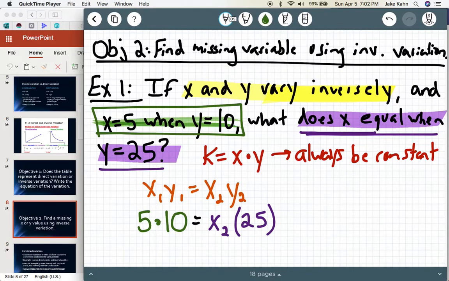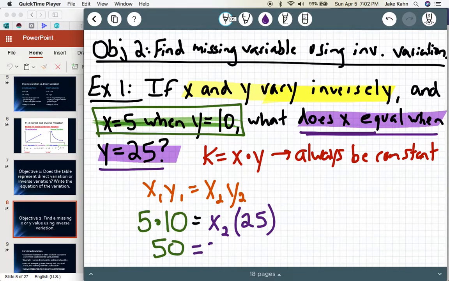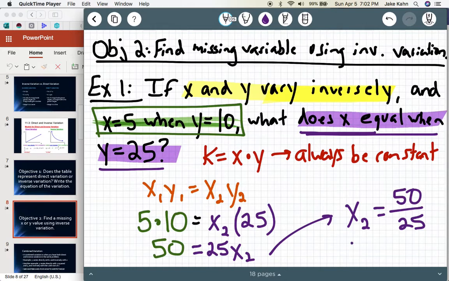5 times 10 is 50, equals 25 x2. And we're trying to solve for x2, so what do we do on both sides? We divide by 25 on both sides. x2 is equal to 50 divided by 25, which means that our x value when y equals 25 is equal to 2.